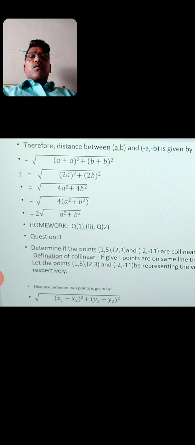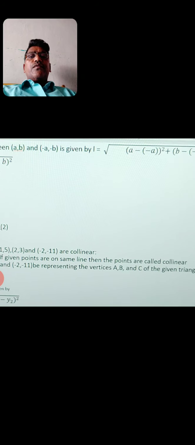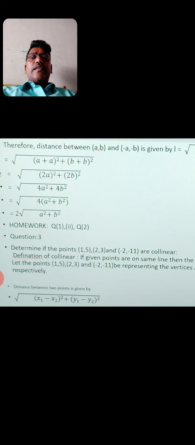And here question number 3, if you try to understand it: determine whether the points (1, 5), (2, 3) and (minus 2, minus 1) are collinear. I told you, if you want to show collinearity, you use this formula: if A, B, C are 3 points and B is on AC, then AB plus BC equal to AC, then we can easily say these are collinear.